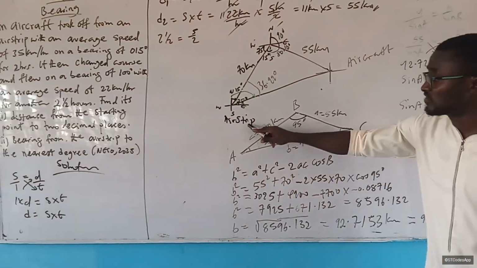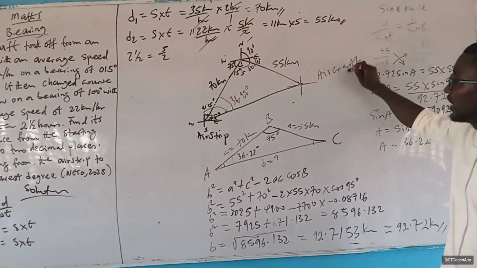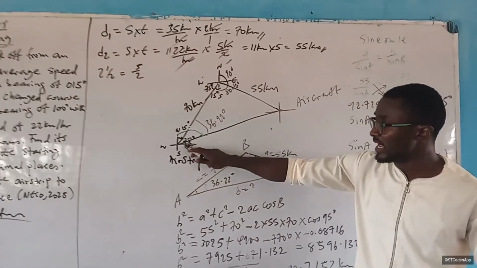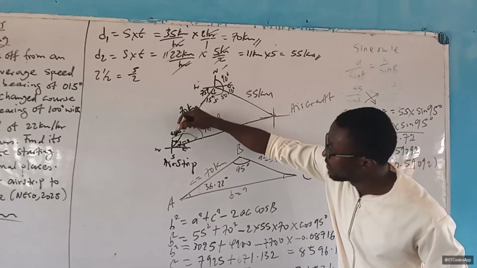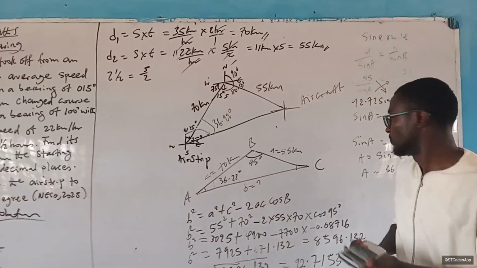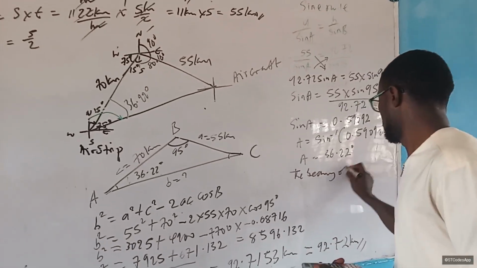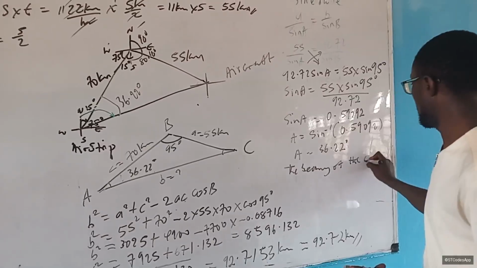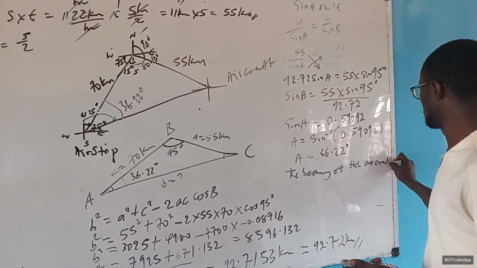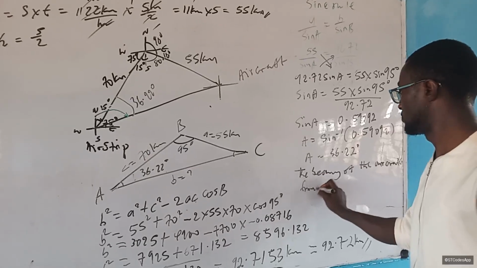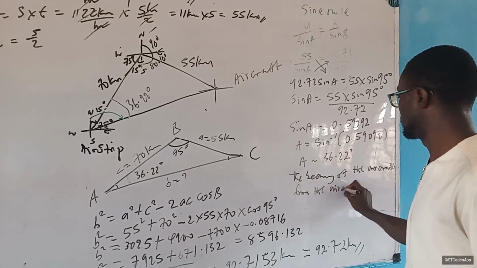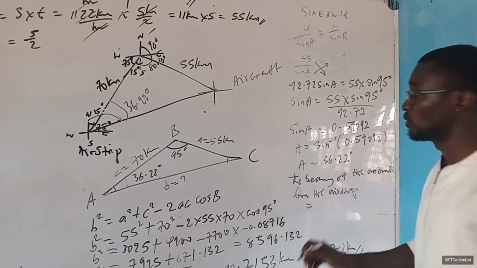So this is where the airstrip is and this is where the aircraft is. So what's the bearing of this aircraft from this airstrip? From the north down to this very point now, we can simply say that the bearing of the aircraft from the airstrip equals what?